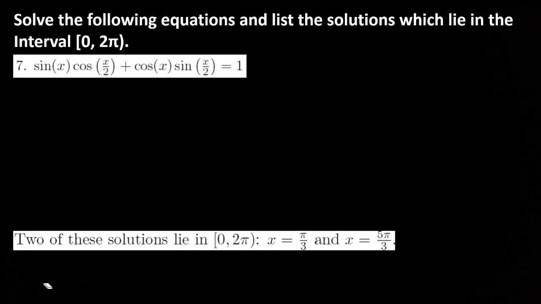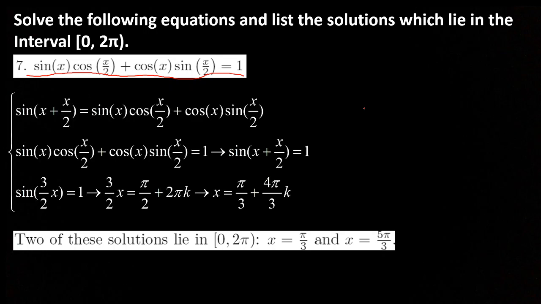So again, here is one which is directly related to the sum and difference, or one of those formulas on your identity sheet. So if you think of this, that would be the sum of two angles.